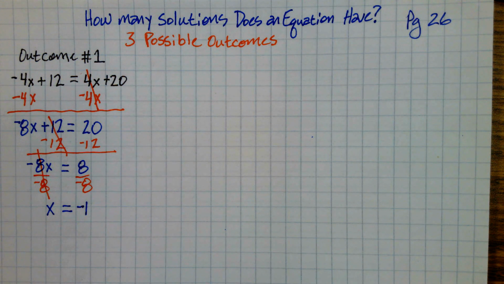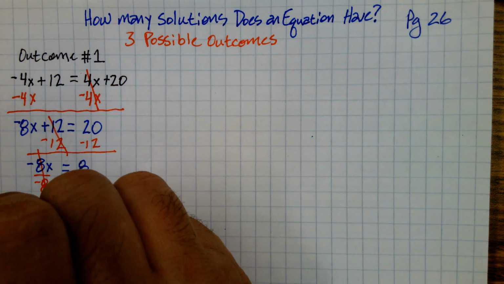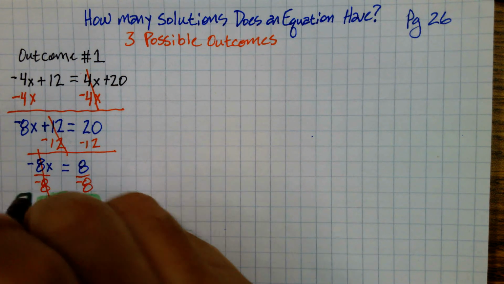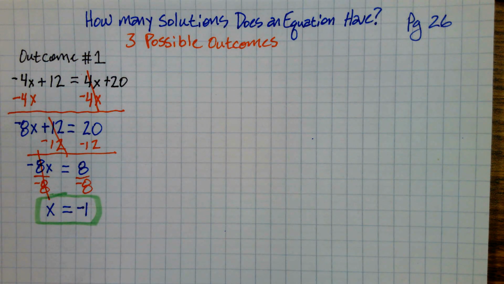Okay, we ended up with an answer, which is no big deal because guess what? That's what we've always gotten, some sort of solution. How many answers is this though? One solution.